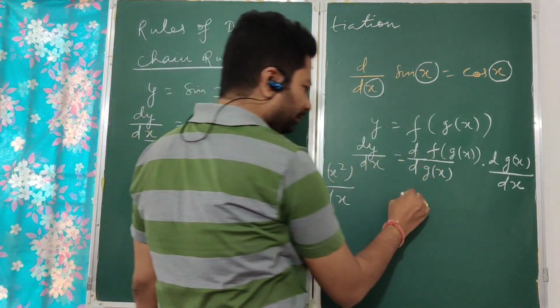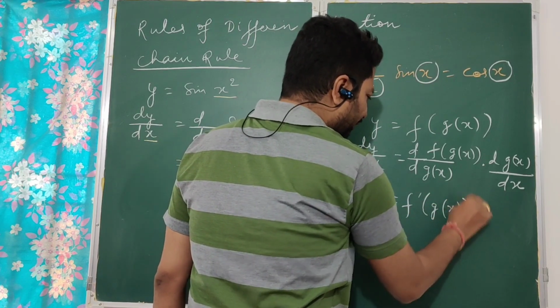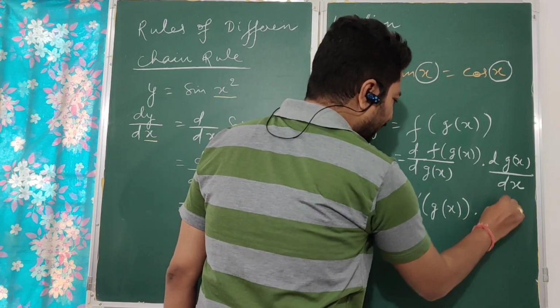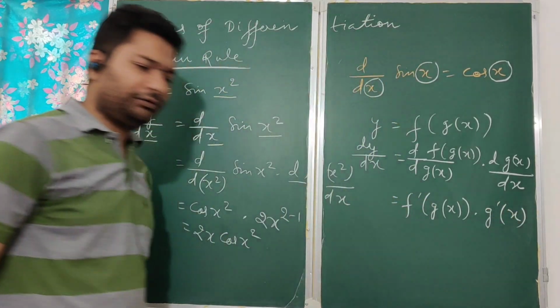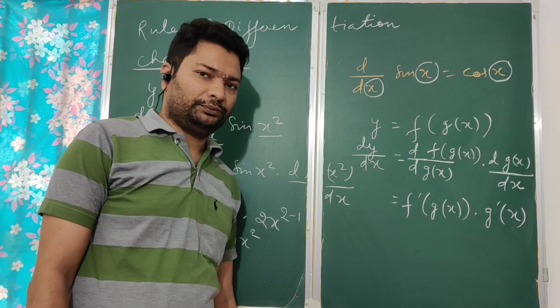So this term will come as f prime of g of x into g prime of x. If you talk in terms of mathematics, this is what we are trying to do.